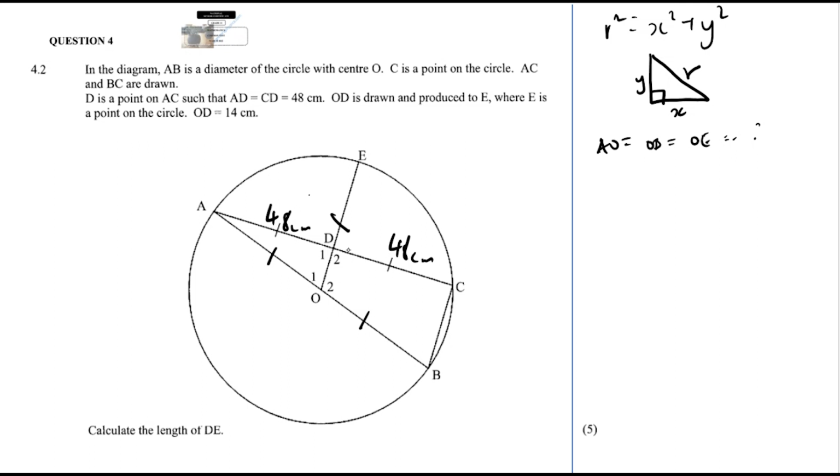Wait a minute. If this is a midpoint, we have a line drawn from the center of the circle to the midpoint of the chord. Yes, continue. It will be perpendicular to the chord because we need this 90 degrees. Okay, now let us continue. D is the point such that OD is equal to 14 centimeter. What is the question?